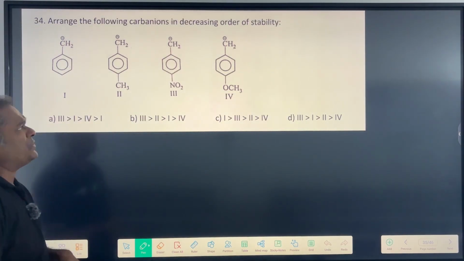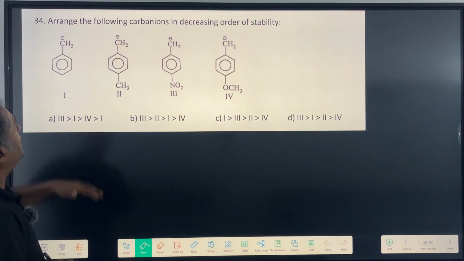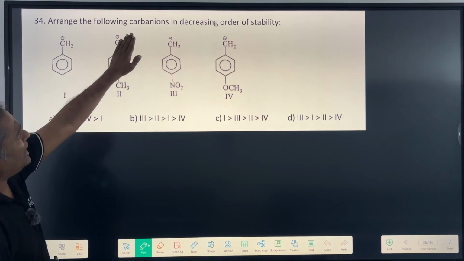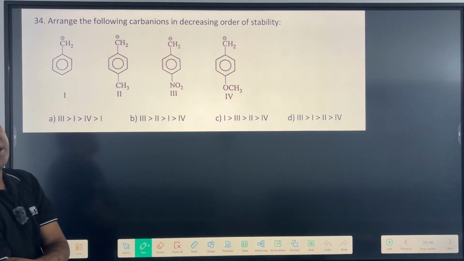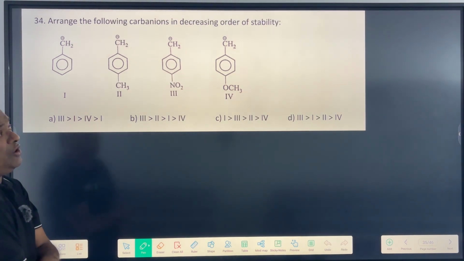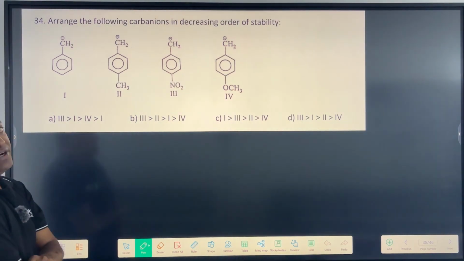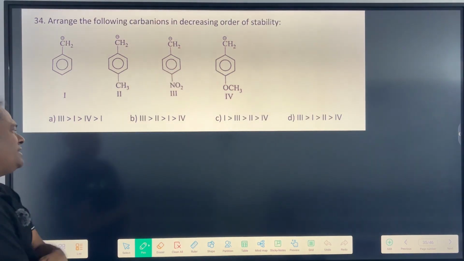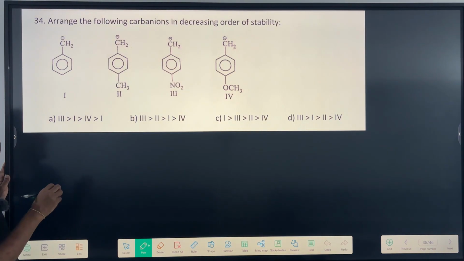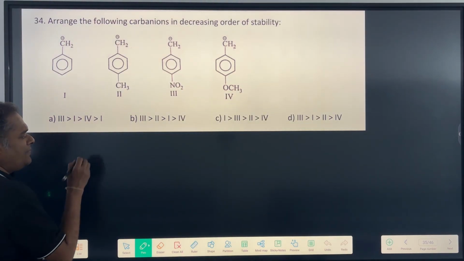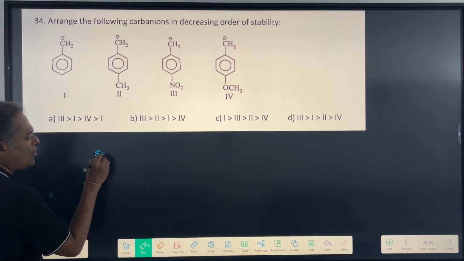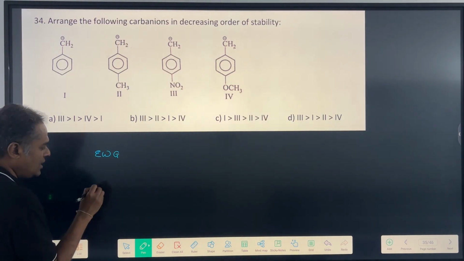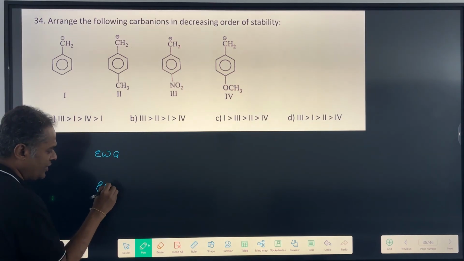Now here on the screen you can see very clearly: arrange the following carbanions in decreasing order of stability. Again this question is based on the stability of C minus. Before we start anything, let's discuss one small thing we did in our lecture, that there are 2 types of groups: electron withdrawing group and electron donating group.